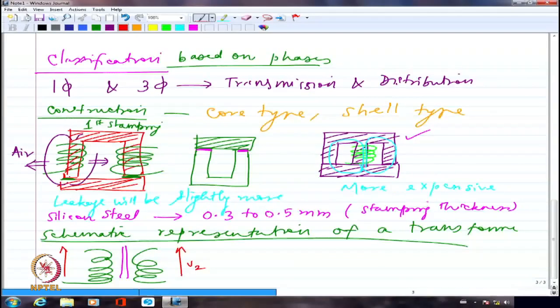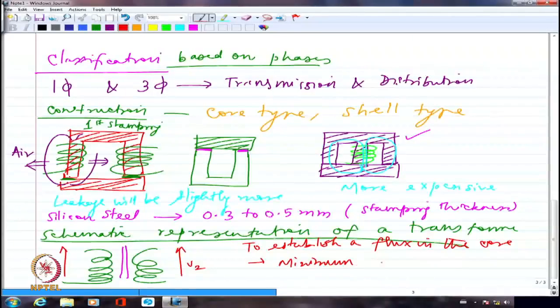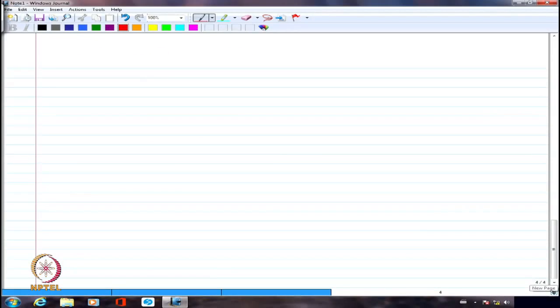So I am going to say that to establish a flux in the core, minimum current is needed. Very minimum current is needed. This is because of the fact that I am having very, very low reluctance for the core material. Is that clear? Now, let us say I have the transformer and I have established a flux of phi, which is actually given by phi m sine omega t.